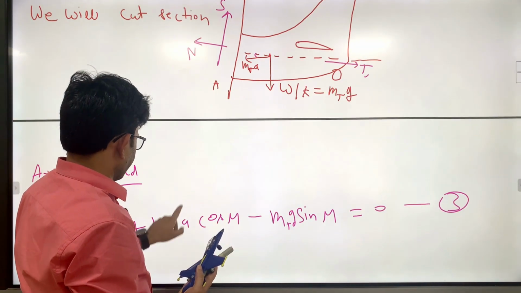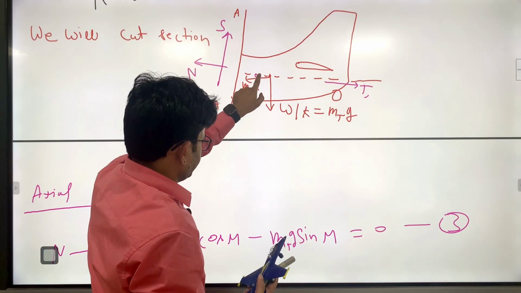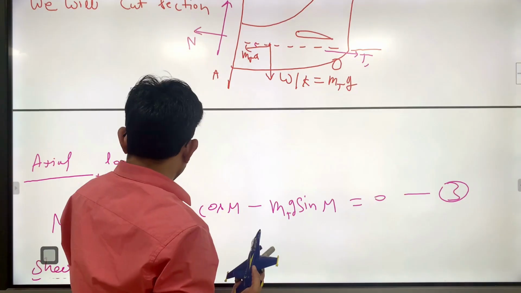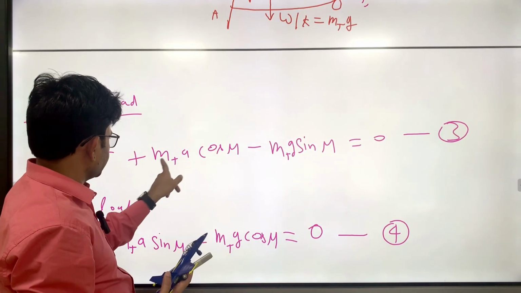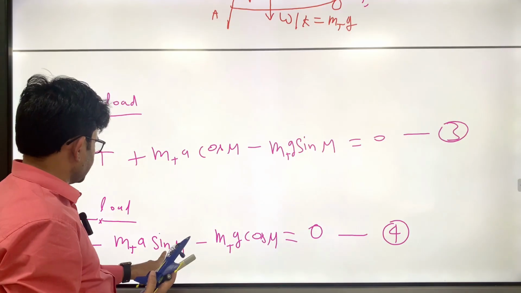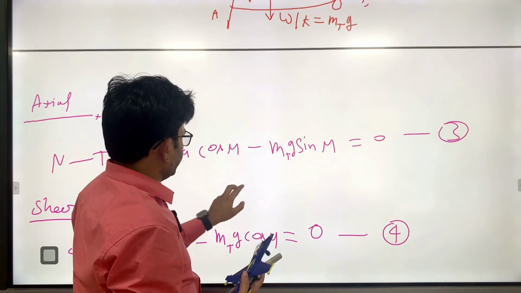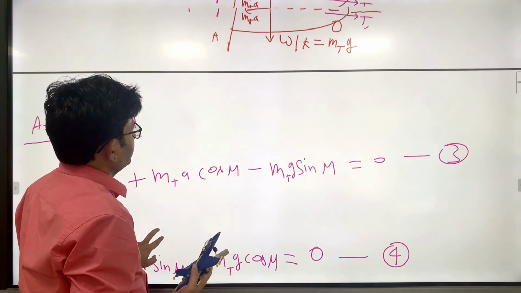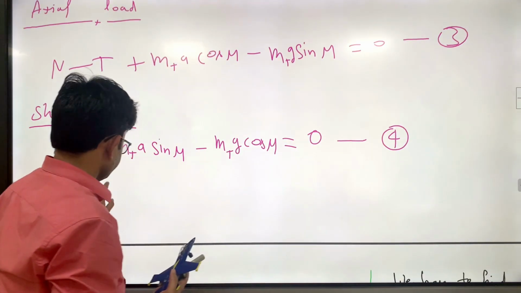Okay, so that is why I have written Mt a cos mu, and gravitation force will also act downward, Mt g sin mu will be there. Okay, and for shear, S minus Mt a sin mu, because this is Mt a cos mu, this is sin mu. Okay, downward direction, and one component is sin, another component will be Mt g cos mu. Okay, downward. That is how I have written equations 3 and 4.